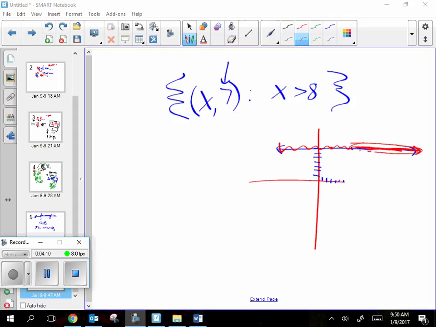How could I have made it be like a shaded region? Well, then I could have said X comma Y, and then would have to tell you that like Y's got to be bigger than 4 maybe. Well, then here's where Y is bigger than 4. Here's where 4 is, and bigger than 4 would be like this.